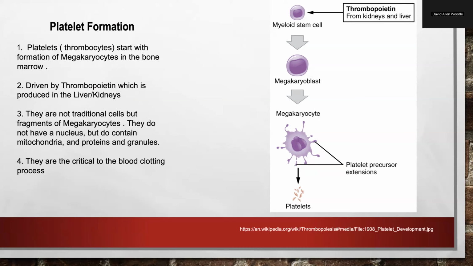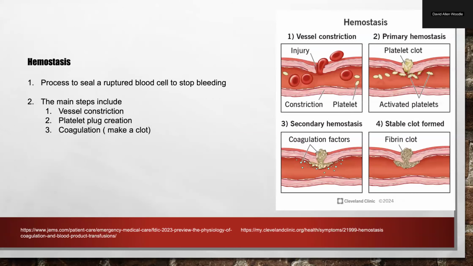So platelets aren't really a cell. They're fragments of the little extensions that come off of megakaryocytes. They get broken off and they become platelets. And platelets don't have a nucleus. They do have some proteins and mitochondria, but they're extremely critical to the clotting process.